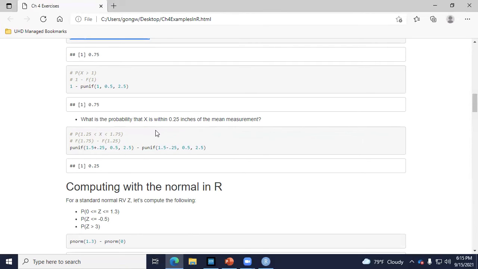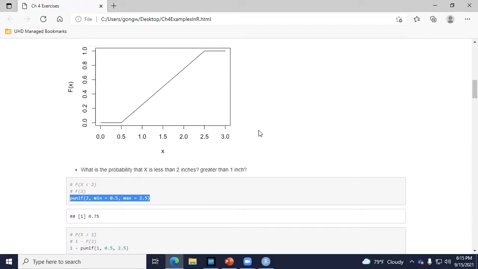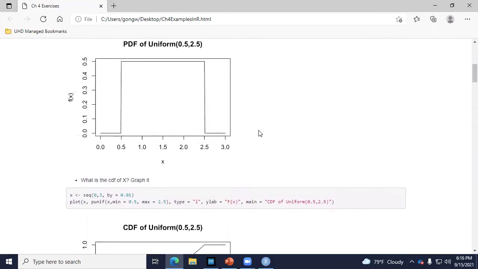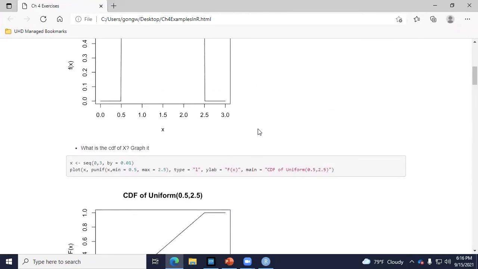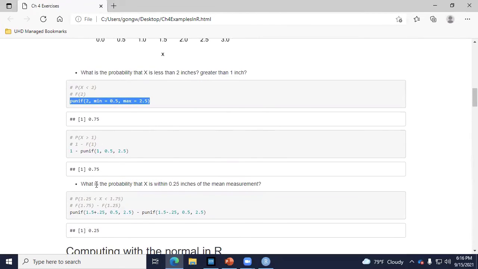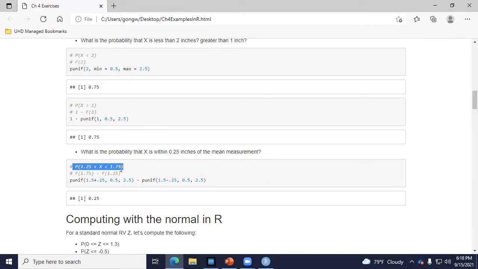And we know the mean is... sorry, we have to calculate the mean as 1.5. And now we do this calculation. It's just F of the value on the right minus the F value on the left.